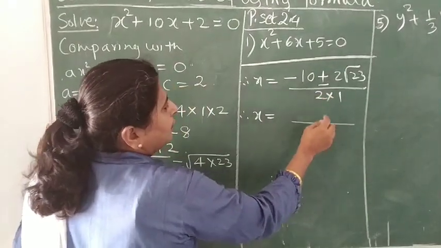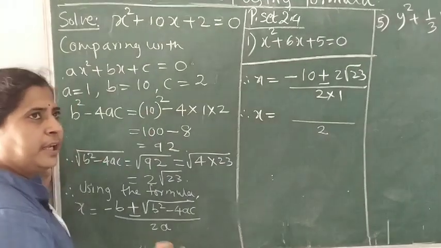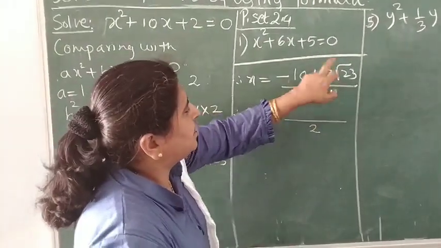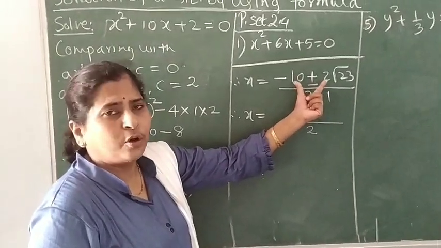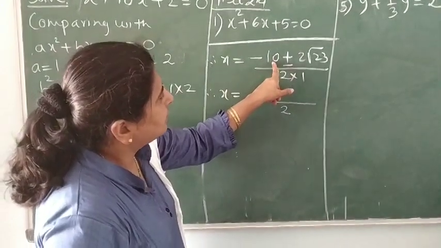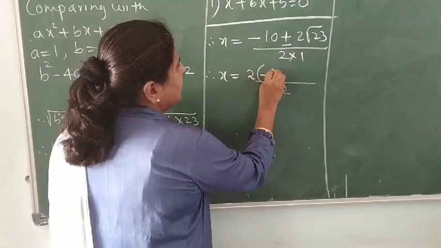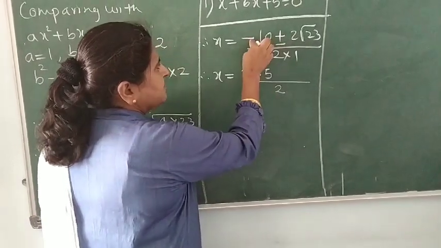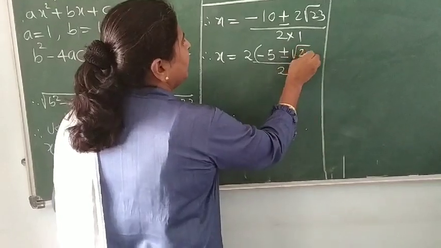Now you cannot cancel this 2 with one of these. Students find it very tempting to cancel these 2s, as there is a 2 here and 2s there. Don't do it, because here it is addition and subtraction in between and you cannot cancel like this. So what you have to do is take 2 common first. Here 10 and 2, you can take 2 common, and in the bracket will remain minus 5, since 2 5s are 10, but that is minus 5, plus or minus square root of 23.